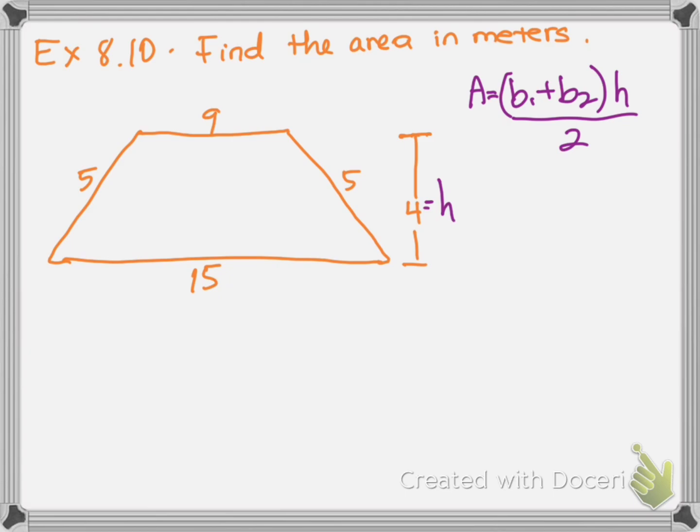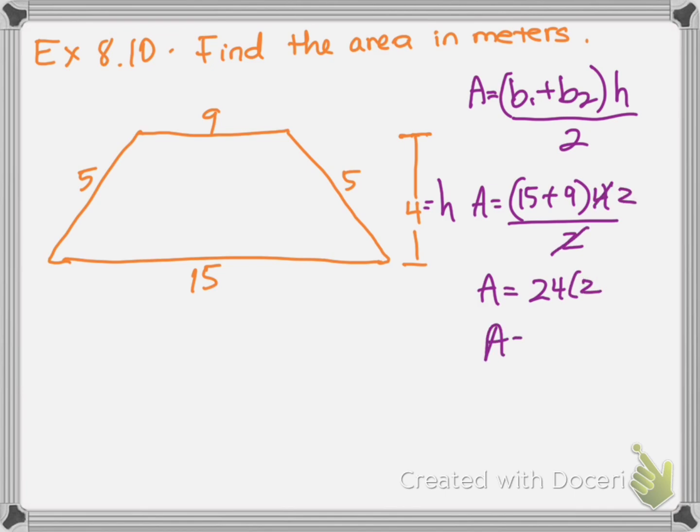Whenever we have a solid and we're talking about the height of a solid, then we use a capital H. So in this case, if I substitute in this formula, we're going to do 15 plus 9 times 4, which is the height, divided by 2. Again, notice that we don't use the 5s. So 15 plus 9 is 24. And 24 times 2, if we cancel this, is 48. In this one, they do say it's in meters, so square meters.